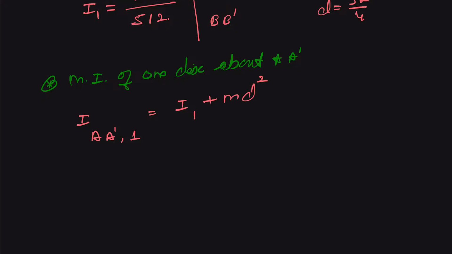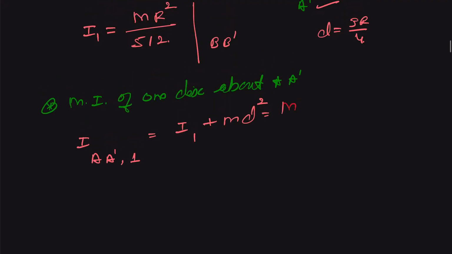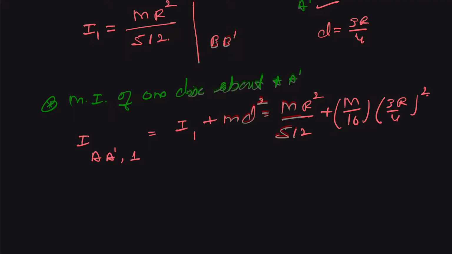So I1 we already know is mr square upon 512 plus small m, which is m upon 16, and distance is 3r by 4 and whole square.